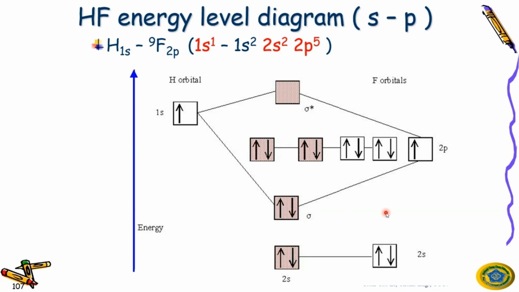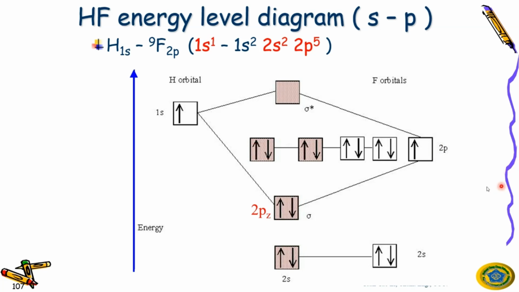As a result, if I ask you whether the energy of hydrogen fluoride is higher than the hydrogen atom and the fluorine atom, or lower, right? It is lower, because hydrogen fluoride is more stable than the hydrogen atom and the fluorine atom. Okay?